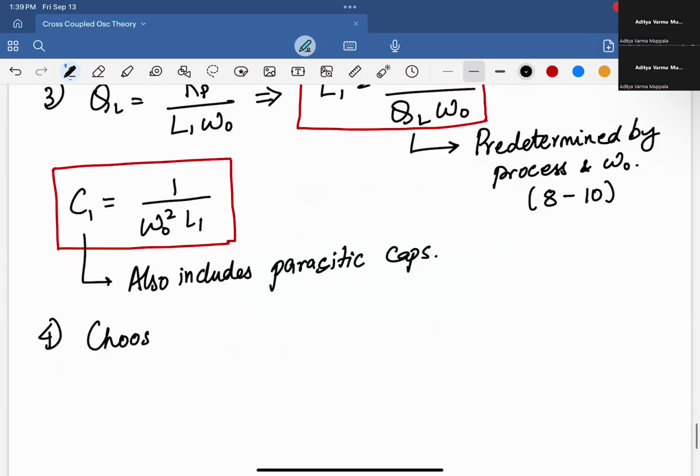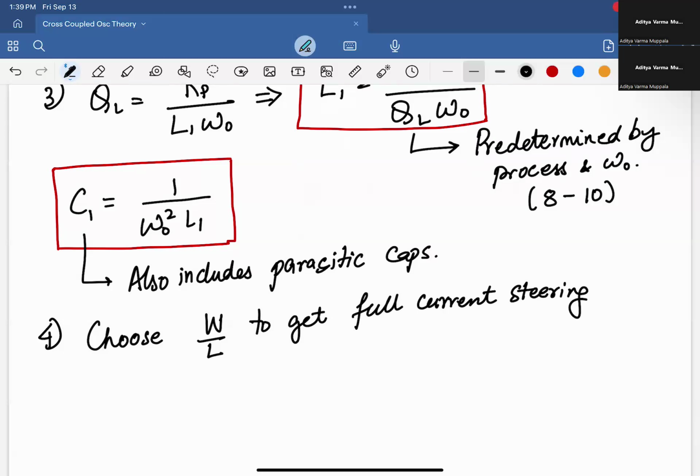Okay. And then the fourth one is you choose W over L ratio to get full current steering. Right, so you make it big enough so that you have enough GM that can drive these transistors to steer the current fully to one side, right?